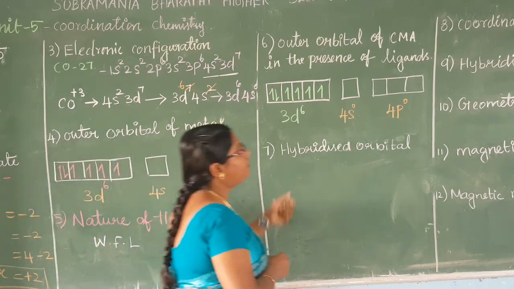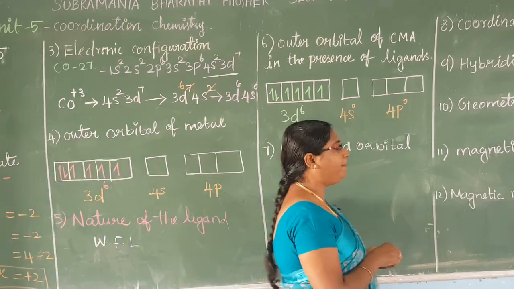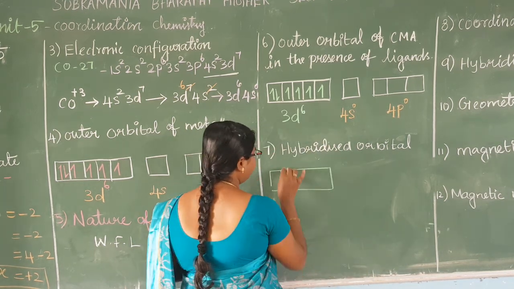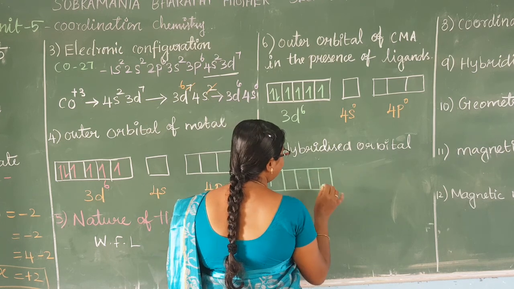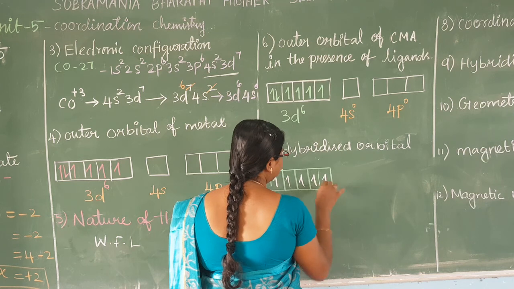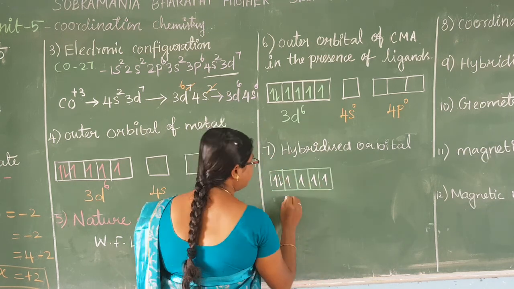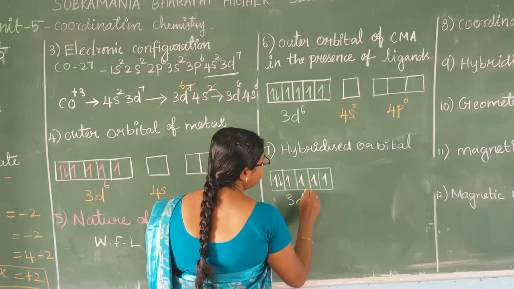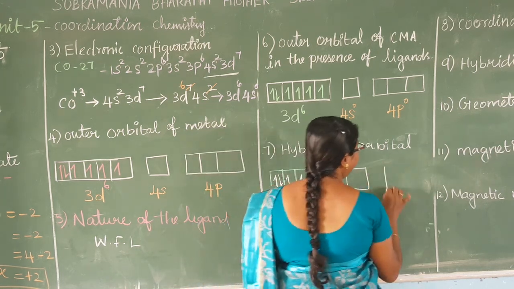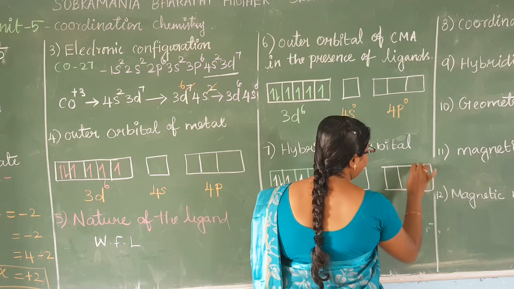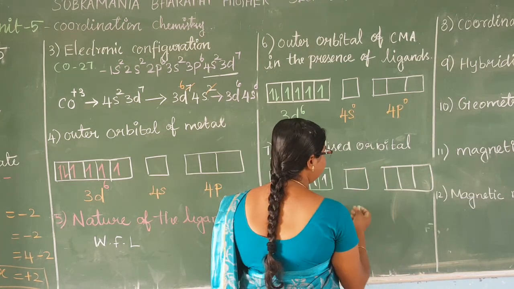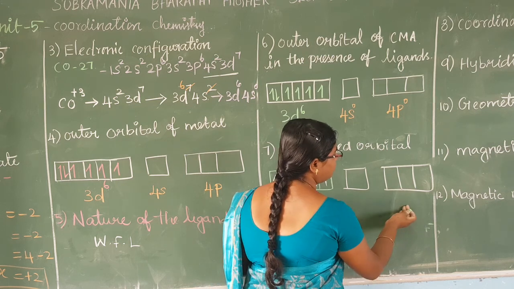Now I am going to write the hybridized orbital. This is the d orbital, and I am writing it as it is. Since it is a weak field ligand, there is no change in this. Then I write the 4s and 4p orbitals.